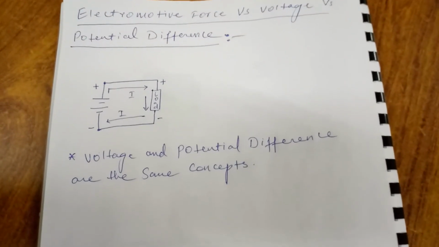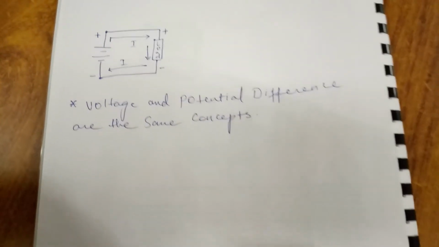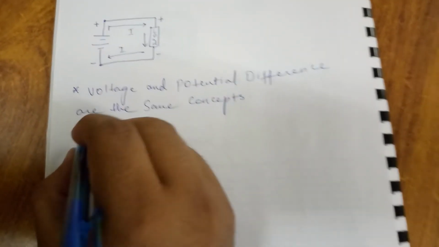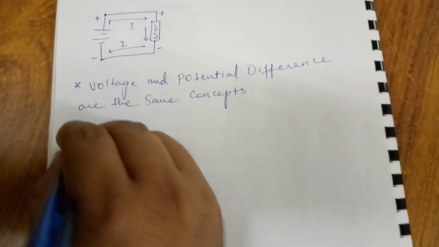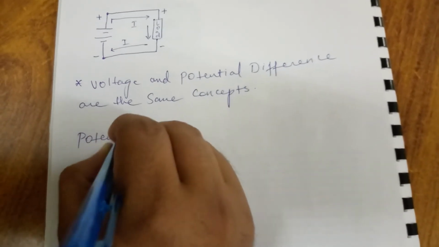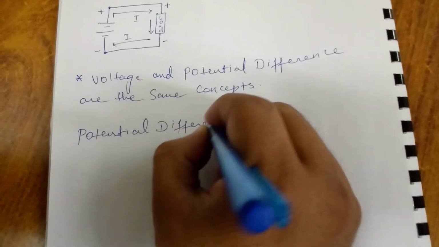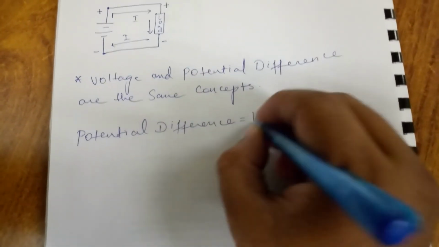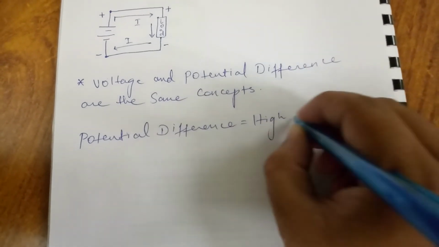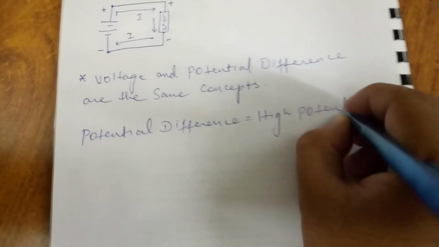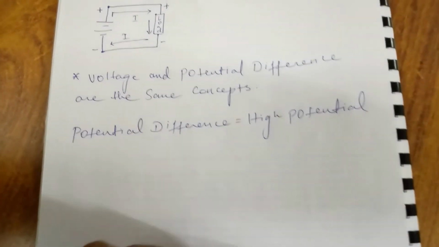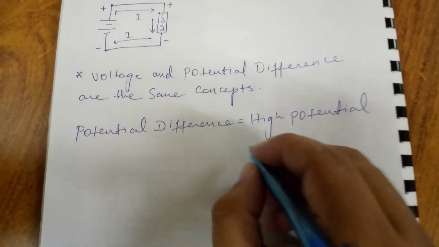What is potential difference? Potential difference is basically the difference between high potential and low potential. Potential difference is equal to high potential minus low potential.